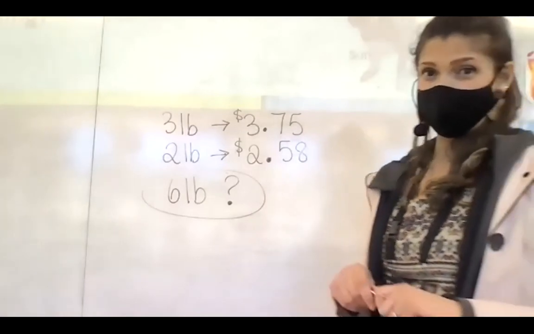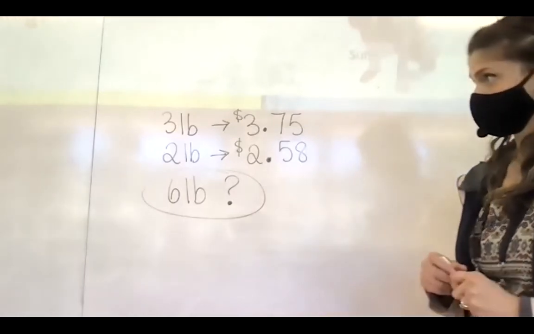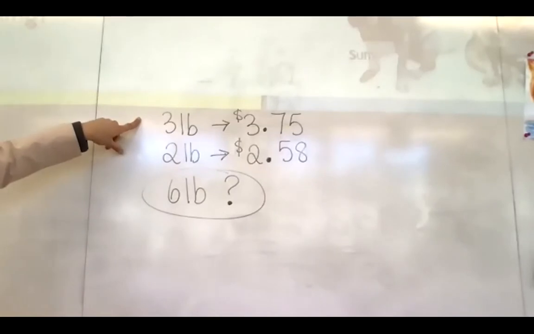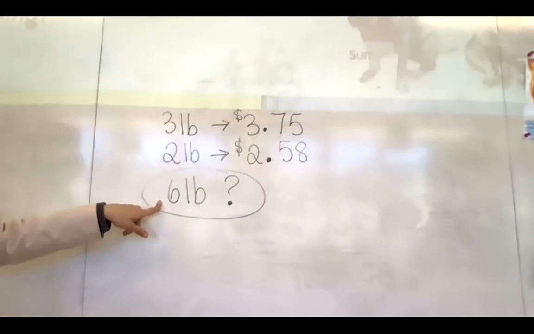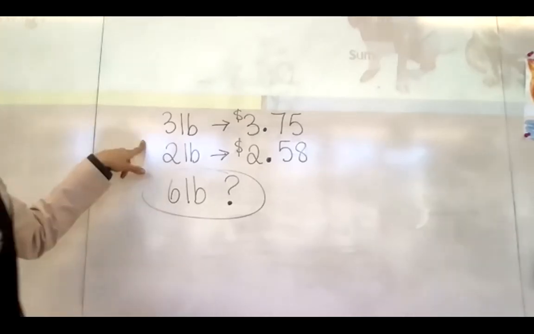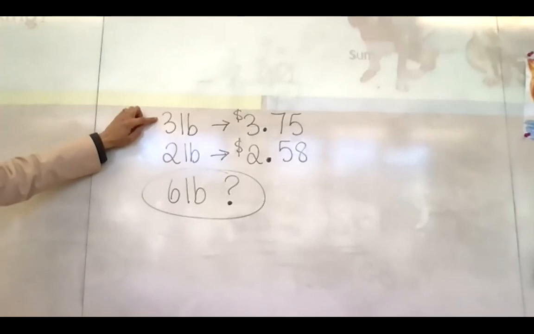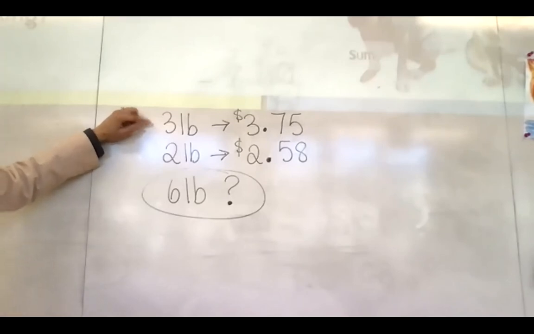I think you need to figure out which combination, like 2 times 3 or 3 times 2, costs less. Exactly. They only told us the price for 3 pounds and 2 pounds. I need to figure out how much it costs for 6 pounds of each. So if I'm buying 3-pound bags and I need 6 pounds, how many 3-pound bags am I going to need to buy? 2.